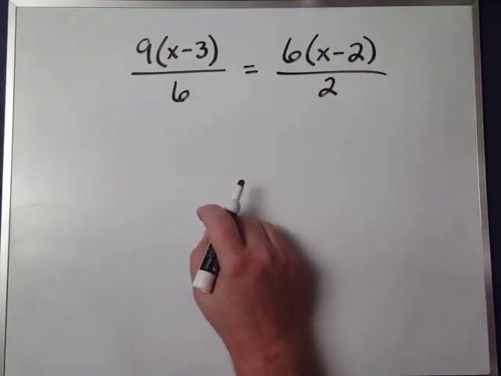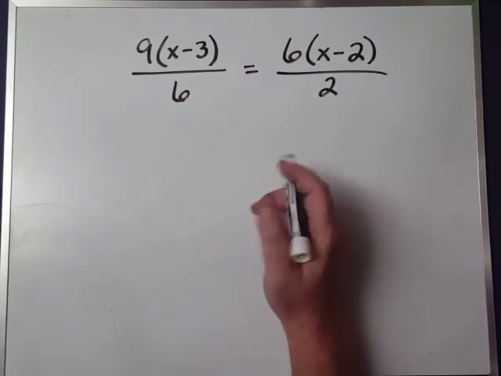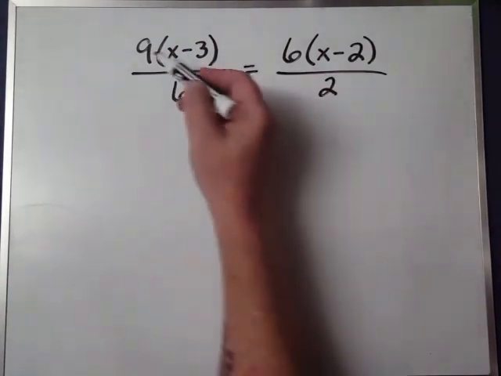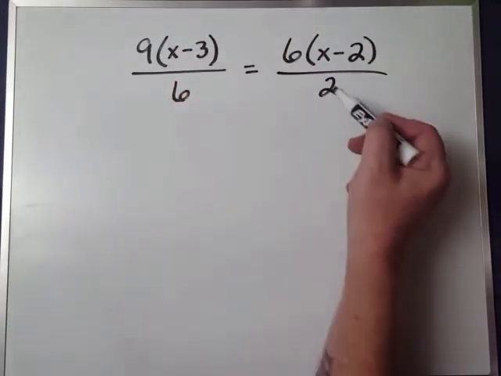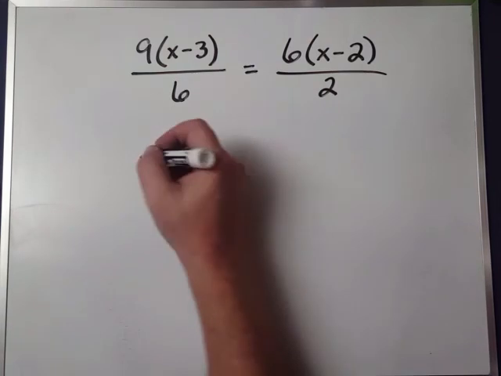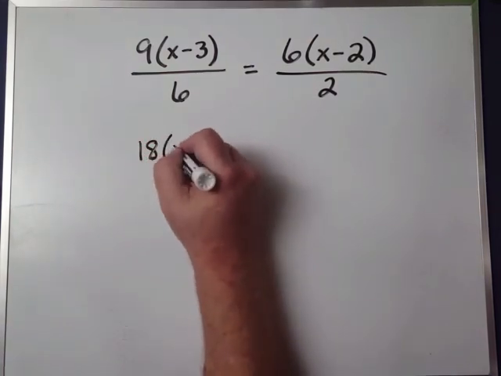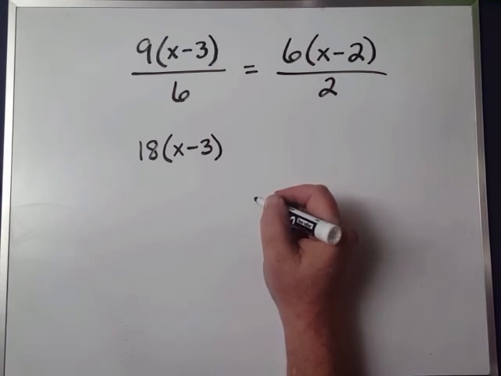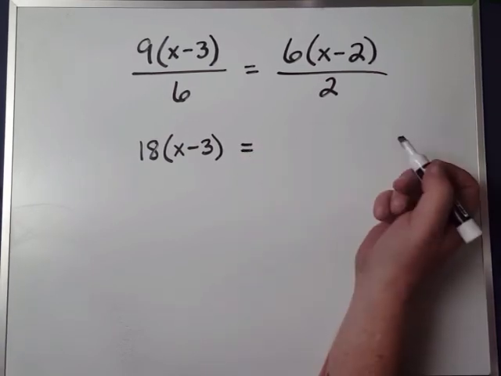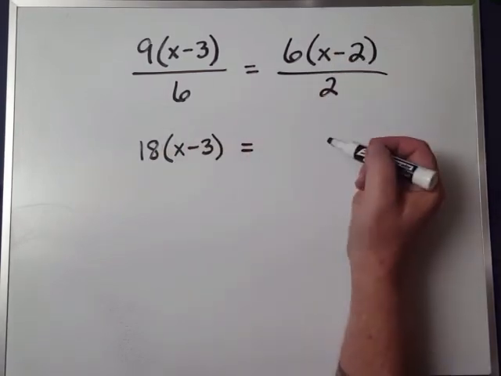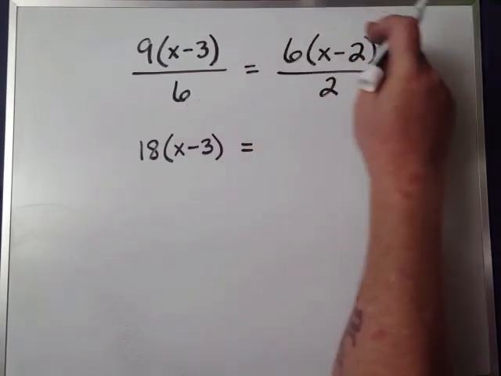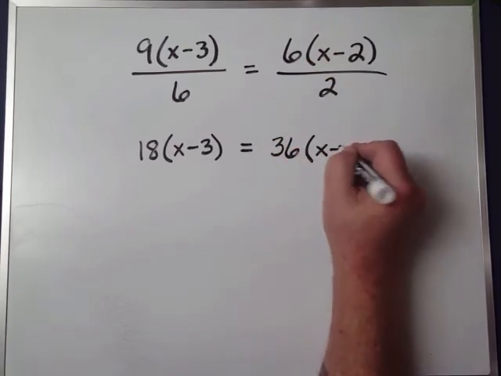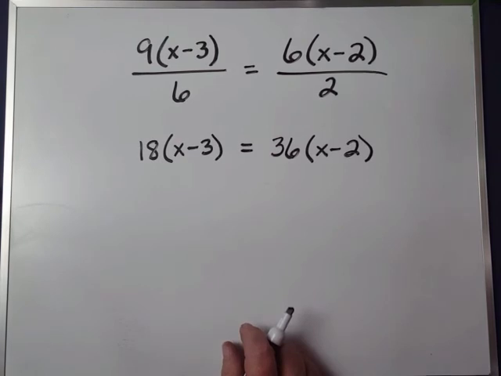And let's cross multiply. We have a fraction equals a fraction, that's a proportion. Cross multiply. Product of the extremes, 9 times x minus 3 times that 2. Well, 9 times 2 is 18 times x minus 3. We'll finish that in a minute. You with me so far? Product of the means, 6 times 6 times that. 6 times 6 is 36 times that. Let's finish that off in a minute.